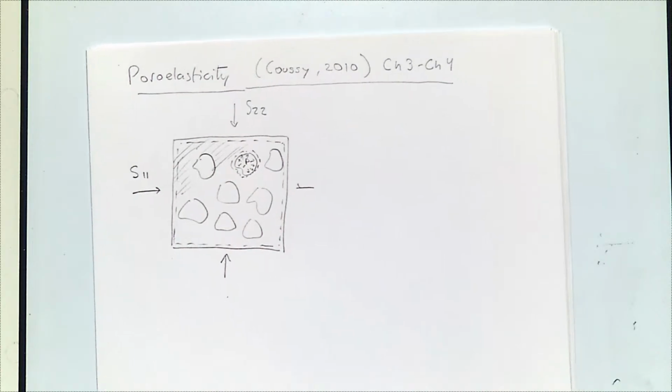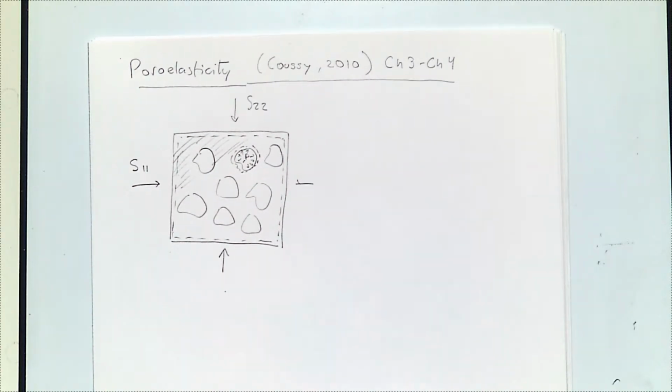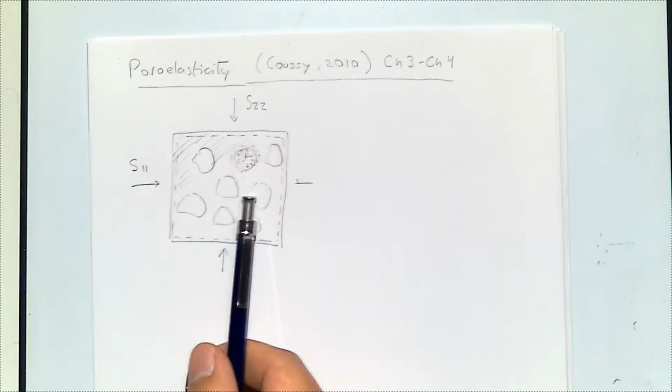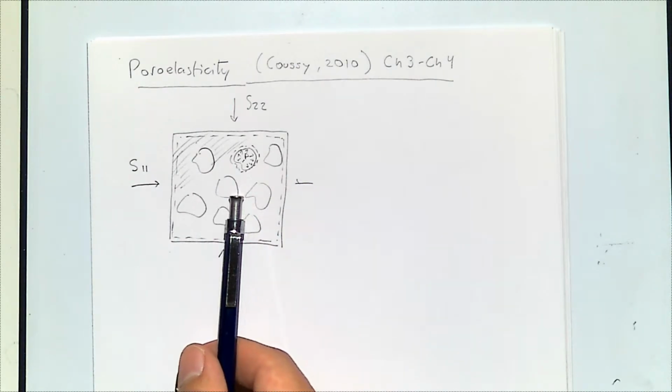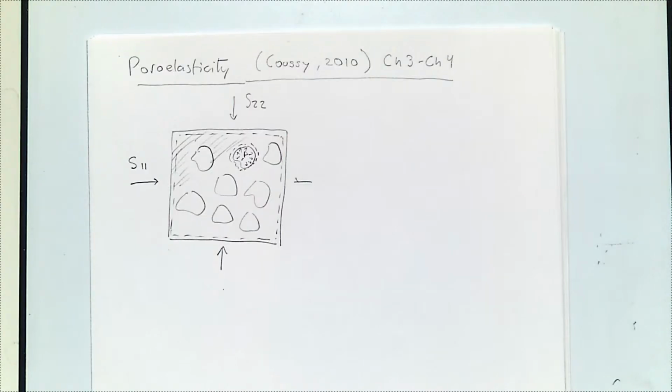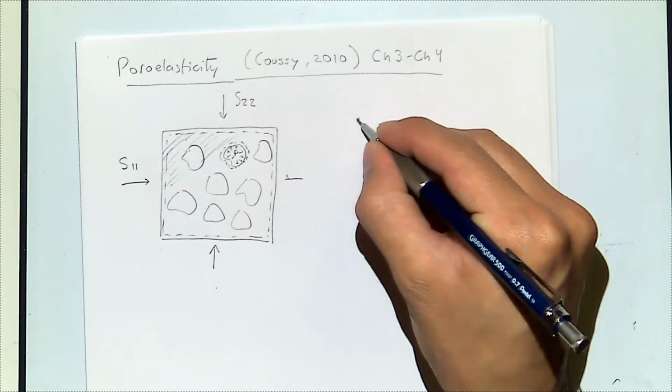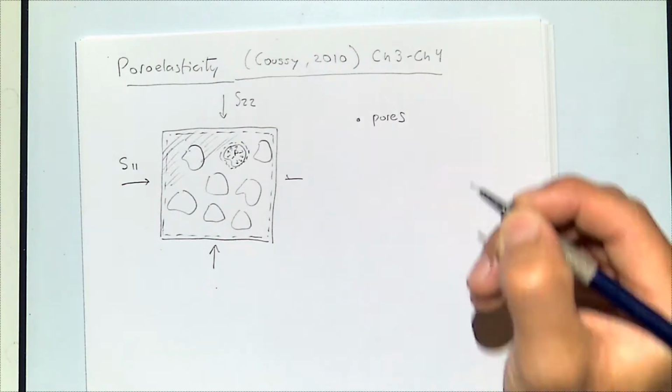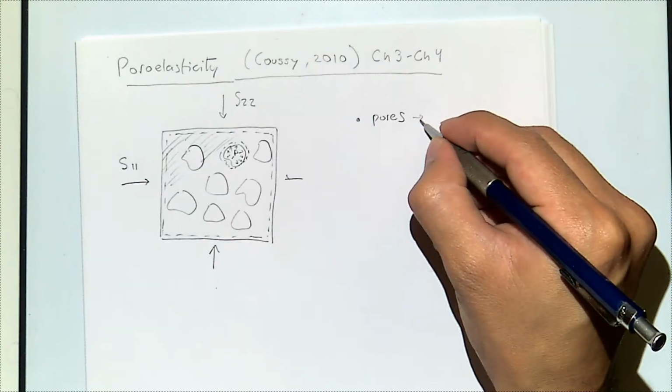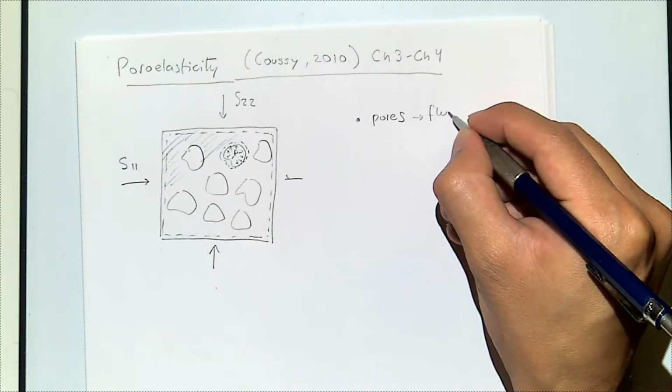All right, so our porous solid here is similar to that one. Probably the solid part is not going to be as soft, but it's very similar. And in this solid, we're going to have pores. In those pores, we're going to have fluids.